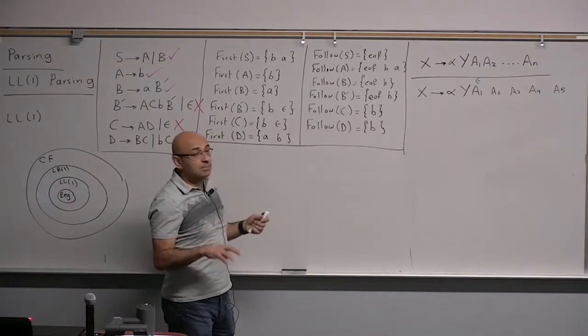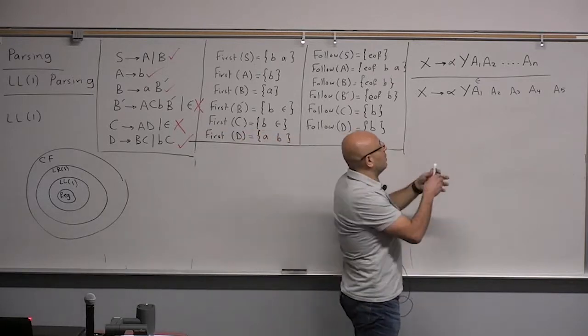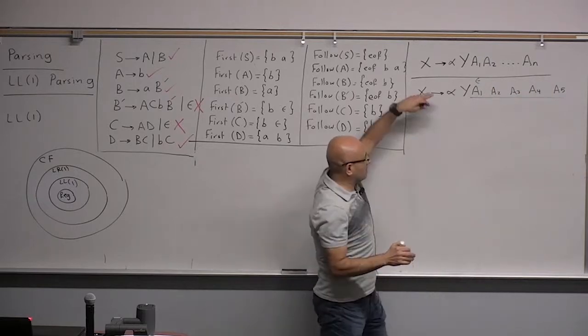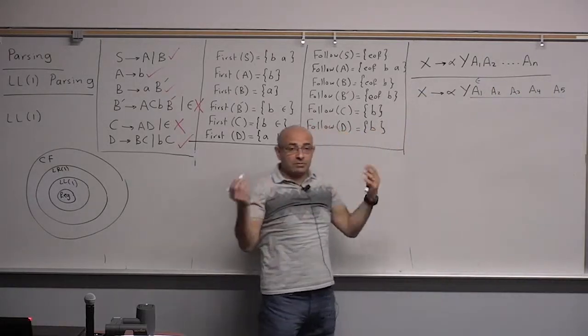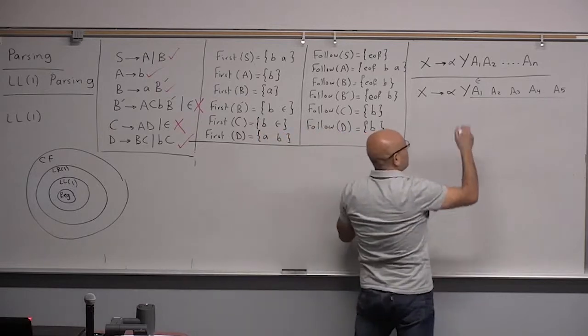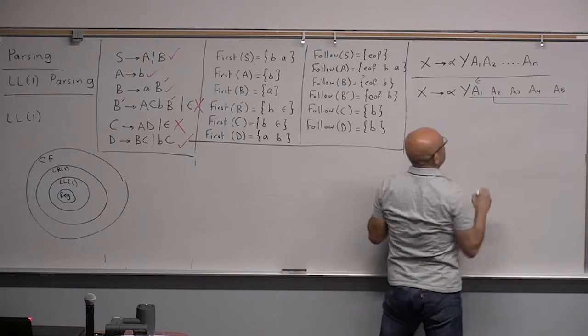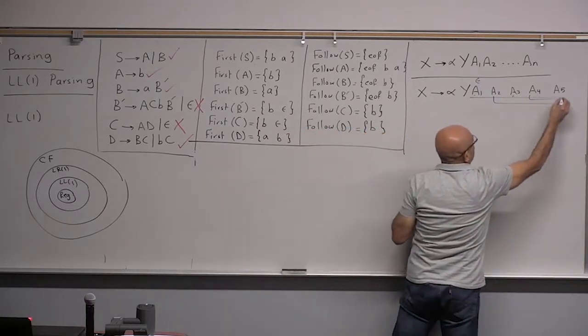With this procedure, in order to compute the follow set of Y, if all of them are epsilons, I will have to, in the worst case, scan all of these. Then when I compute the follow set of A1, I will scan all of these. And when I compute the follow set of A3, I will scan all of these.